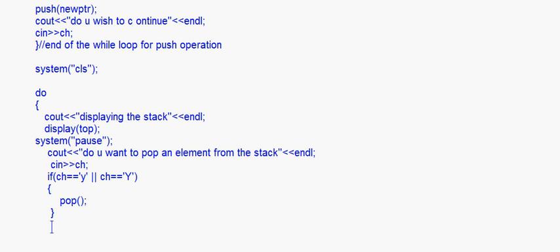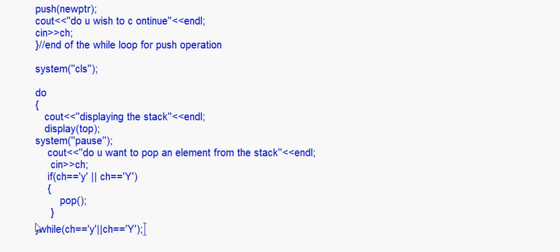Now here, then I close the while loop here, the do while loop, sorry. This is the closing of the do while loop, and here we write while CH is equal to Y, or CH is equal to capital Y, right?